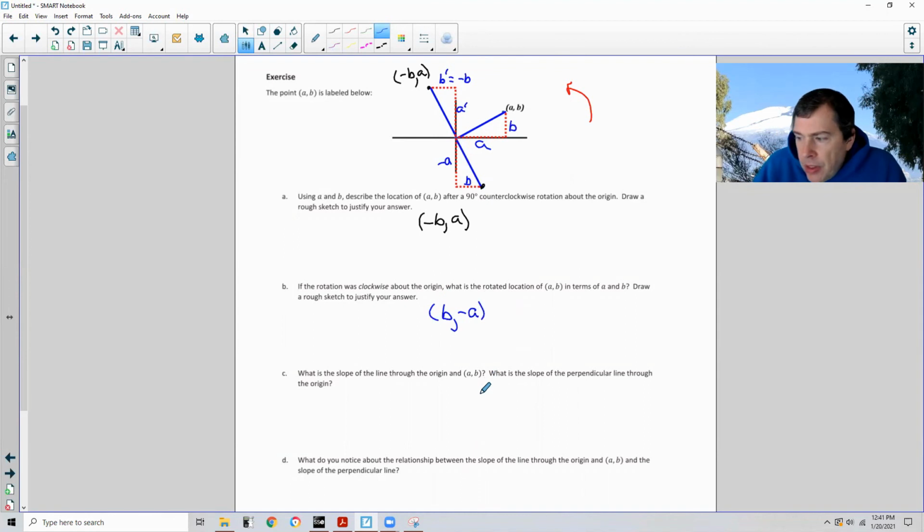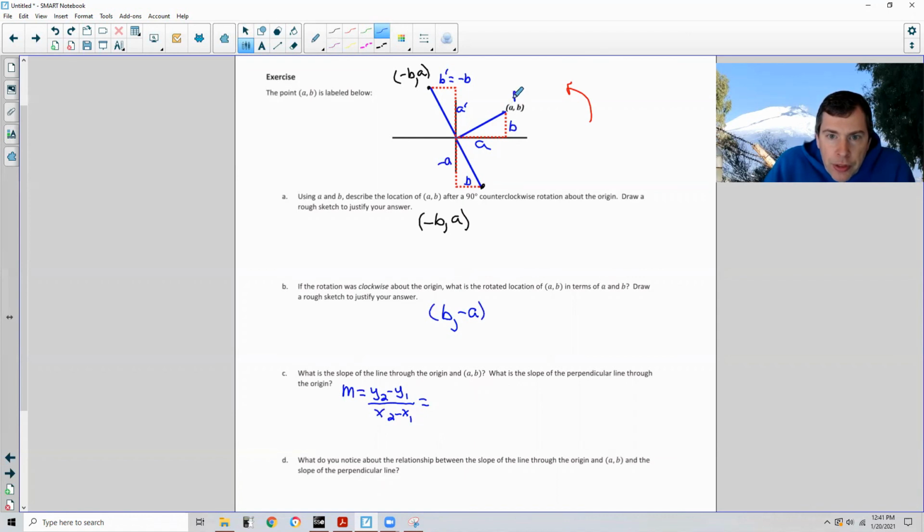Okay. Part C says, what is the slope of the line through the origin and A, B? So remember, slope equals y2 minus y1 divided by x2 minus x1. And this would be my point 1, the origin, and this would be my point 2.